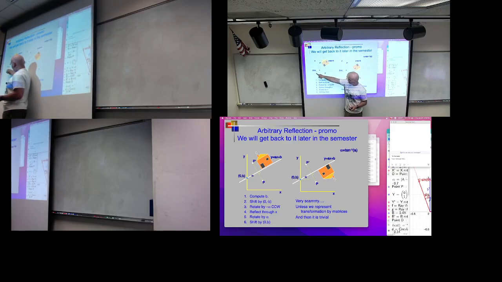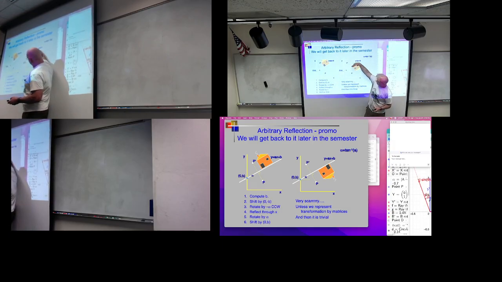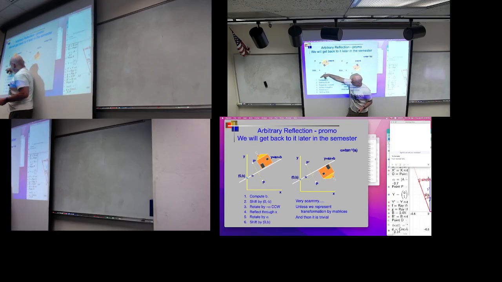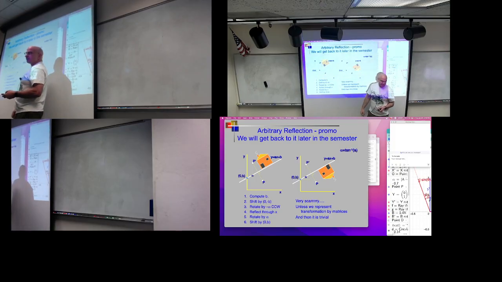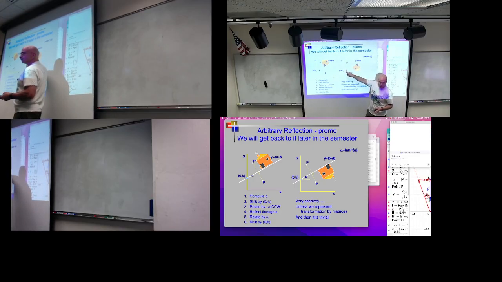What is b? The point where this line meets the y-axis. Translate by 0, minus b. So now the line that I want to reflect by will coincide with the origin. Rotate by the angle alpha. Rotate actually in this case by minus alpha. Why minus alpha? Because it's rotating clockwise.